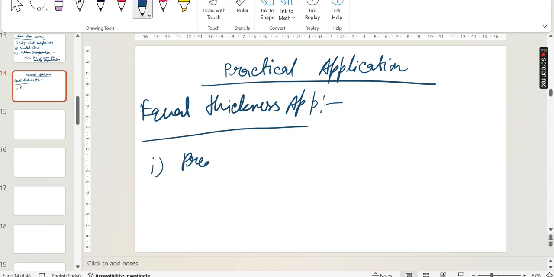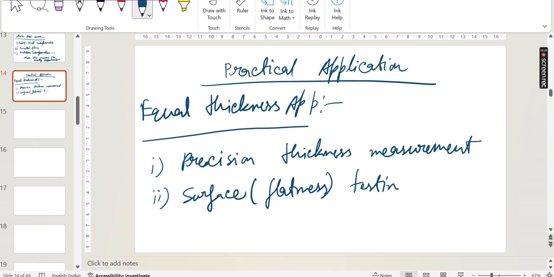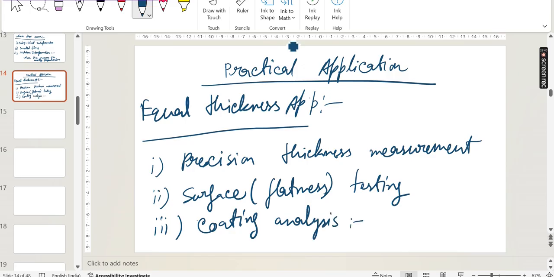Precision measurement, surface testing, or we can say flatness testing, coating analysis, and we can measure thickness and measure properties.